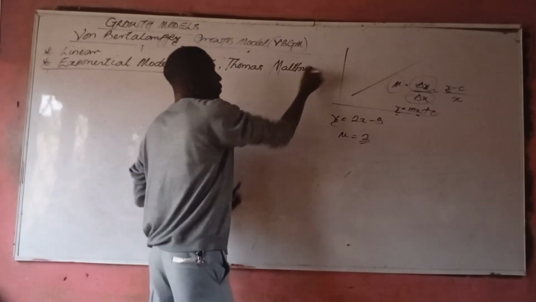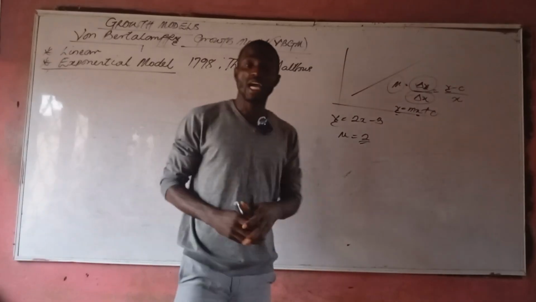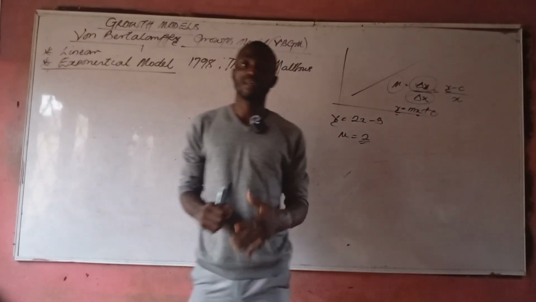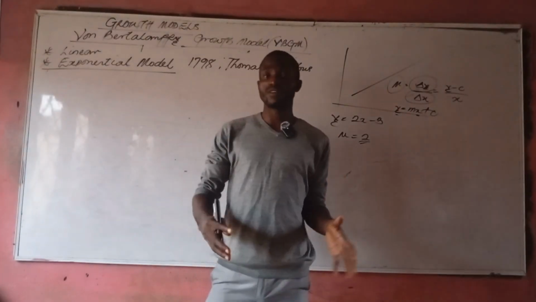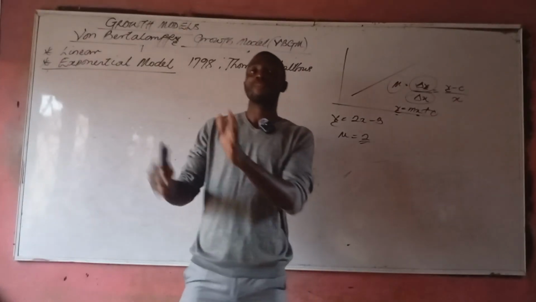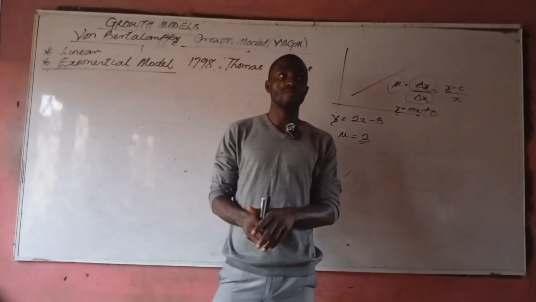He was the one that formulated the Malthusian population model. And what was the model about? He said that population increased at an exponential rate while food increased in an arithmetic progression.